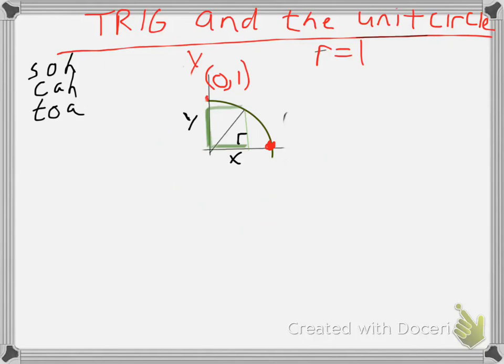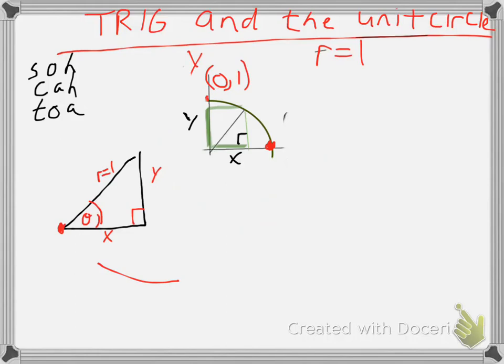Let me draw the triangle over here, and let me represent the origin with the red dot right here. The angle is usually expressed in terms of theta, and that would be right about here. We have our right angle, and this is our x component, and this is the height, y, and remember our radius is equal to 1 right here.